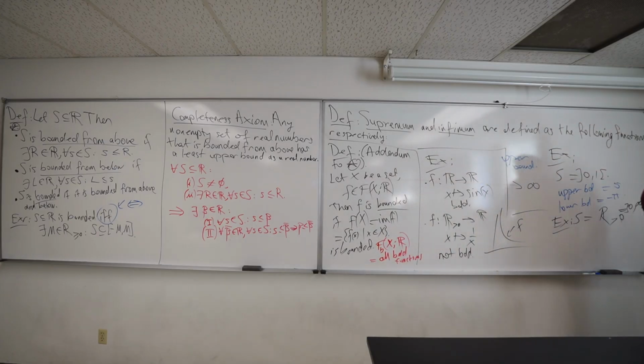Go ahead. So that kind of confused me. So in that example right there, where that open interval from 0 to 1, you're saying 5 could be an upper bound in that open interval? 5 is an upper bound, yes. I'm not saying 5 is an upper bound in that open interval. I'm saying 5 is an upper bound of this open interval.